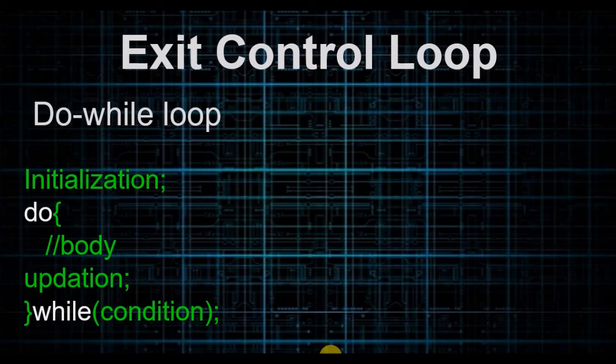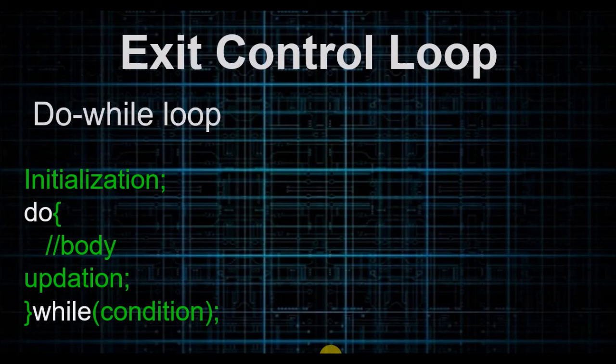So first the body will be executed, then the value of the variable through which the loop is running will be incremented or decremented, means updated, and after that the condition will be checked. So the very first time, the body is executed without confirming whether the condition is true or false. That's why it is called an exit control loop, and the other two are called entry control loops.